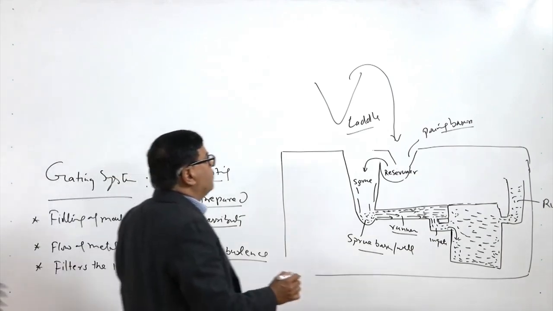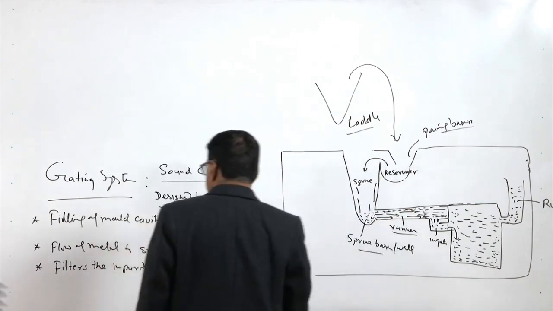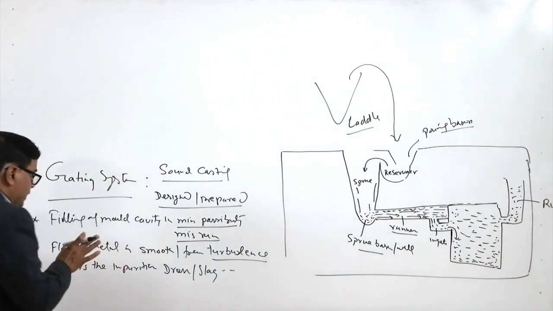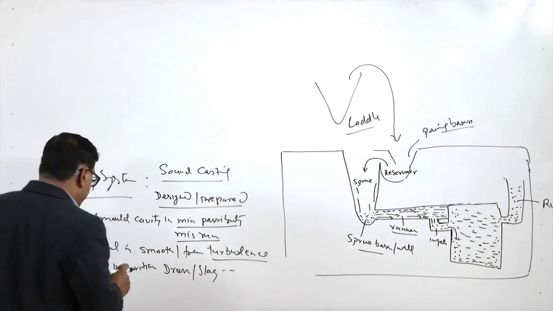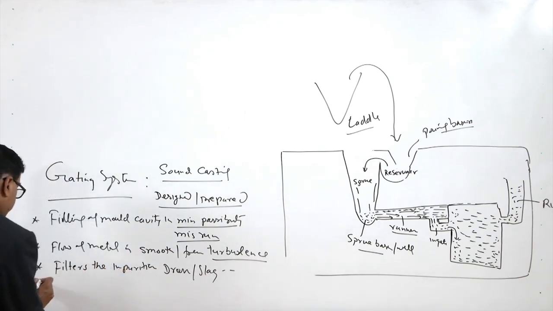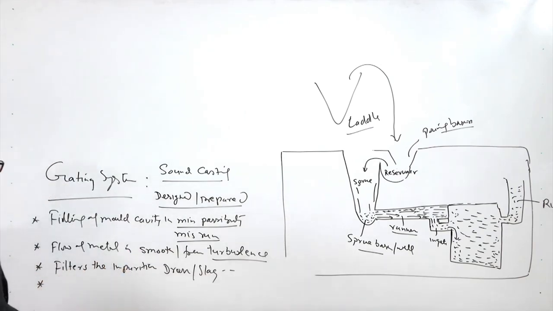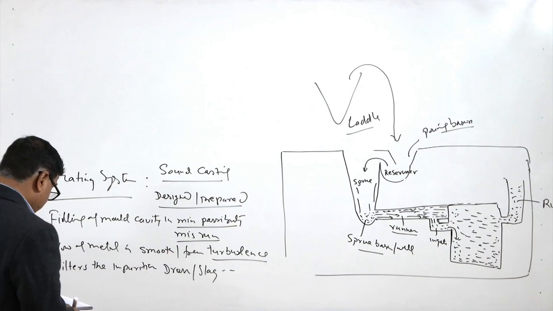So, basically the pouring basin and runner are designed in such a way that they filter or remove the impurities and feed the clean molten metal into the mold cavity.